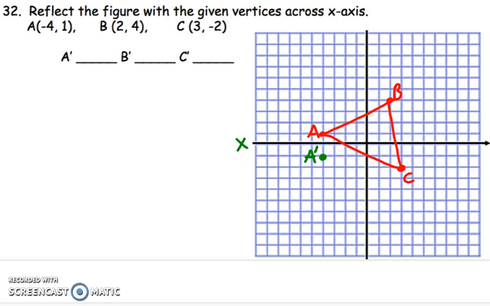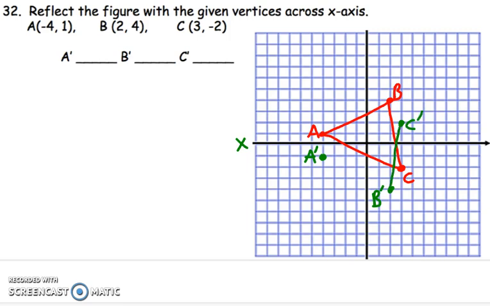With our B, we see it's 1, 2, 3, 4 units up. So we're going to go 1, 2, 3, 4 units down from the x-axis. Let's put that B prime there. With our C, we see it's 2 units down from the x-axis. So we're going to go the opposite way and count 2 units up from the x-axis. That is our C prime.